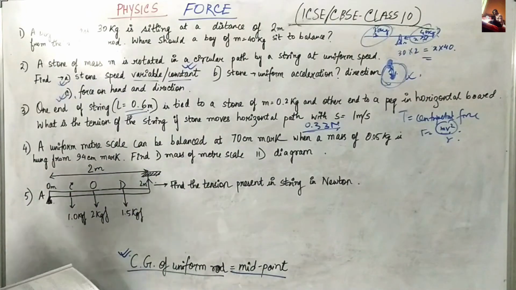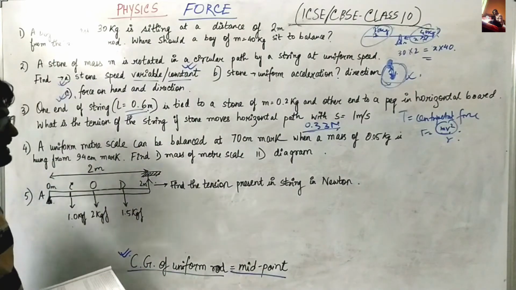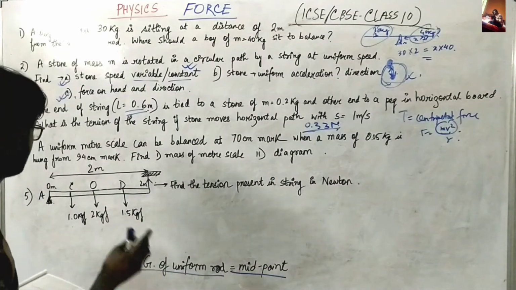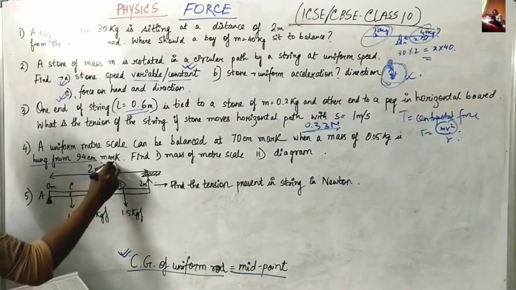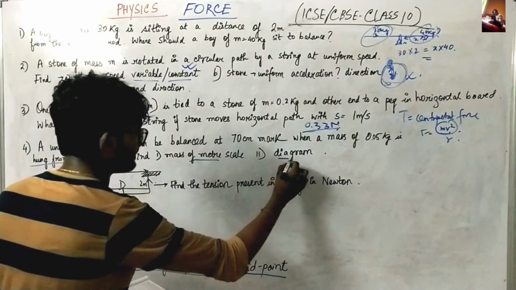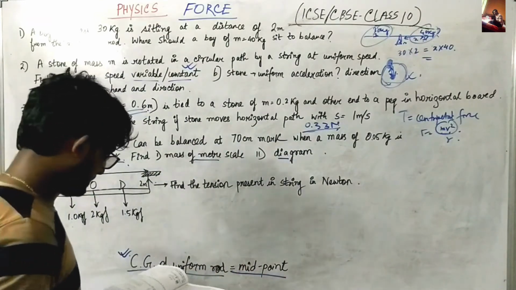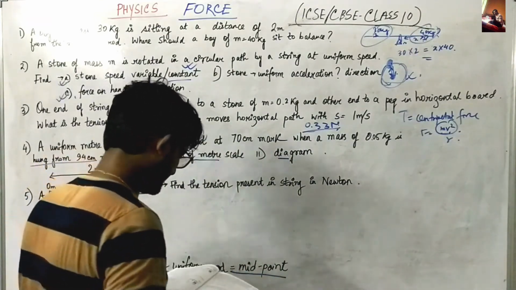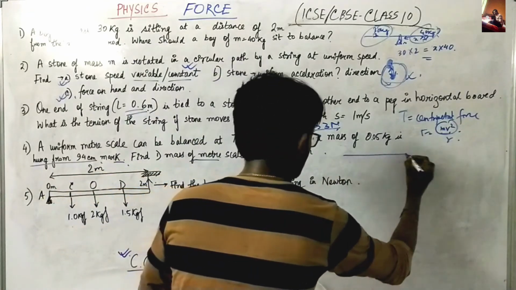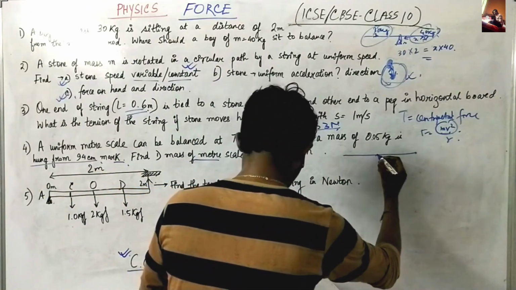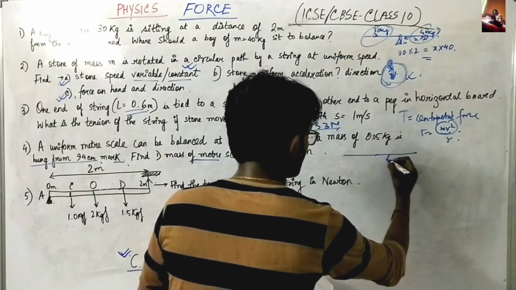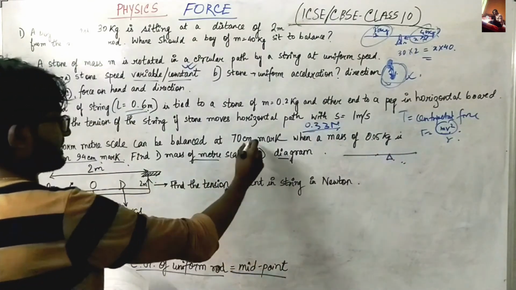Number 4, uniform meter scale can be balanced at 70 mark when a mass of 0.05 kg is hung from 94 centimeter mark. Find the mass of the meter scale, and you can draw the diagram as well. So here the diagram will come like this. This will be the center, and it can be balanced at the 70th mark.